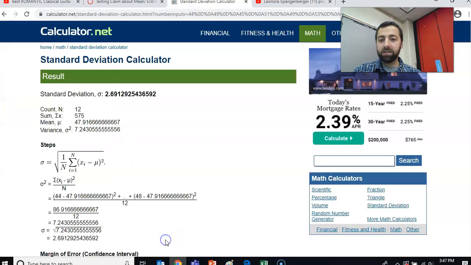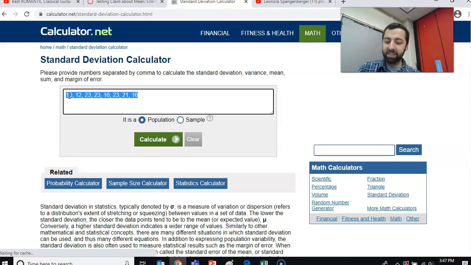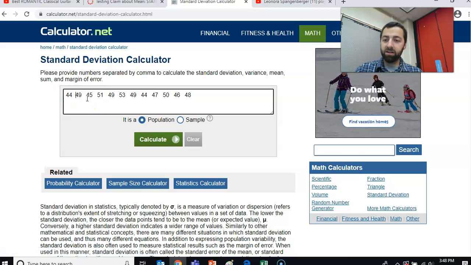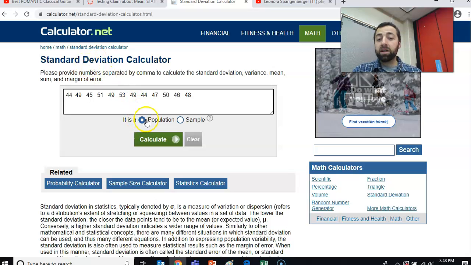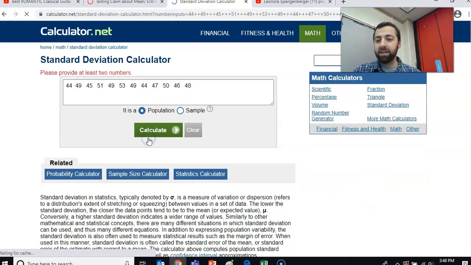I'm going to have you guys go to this website. It's called the Standard Deviation Calculator. Just copy paste in the data. All right, and I had a 44 in here. Keep population clicked or checked and click calculate.